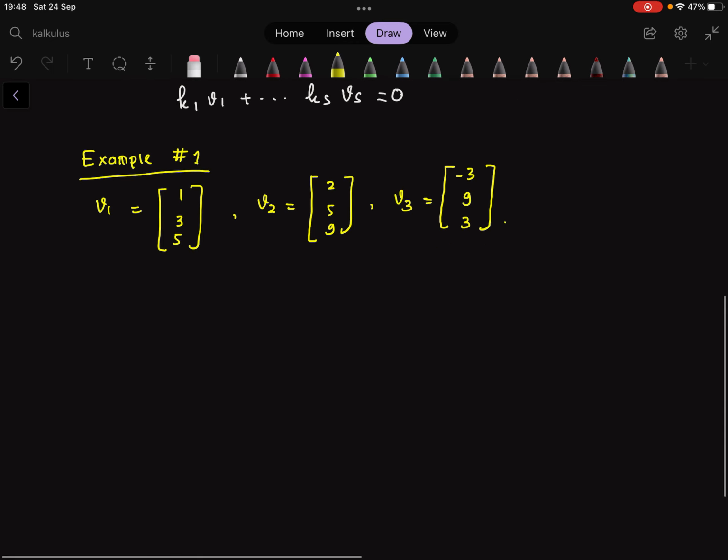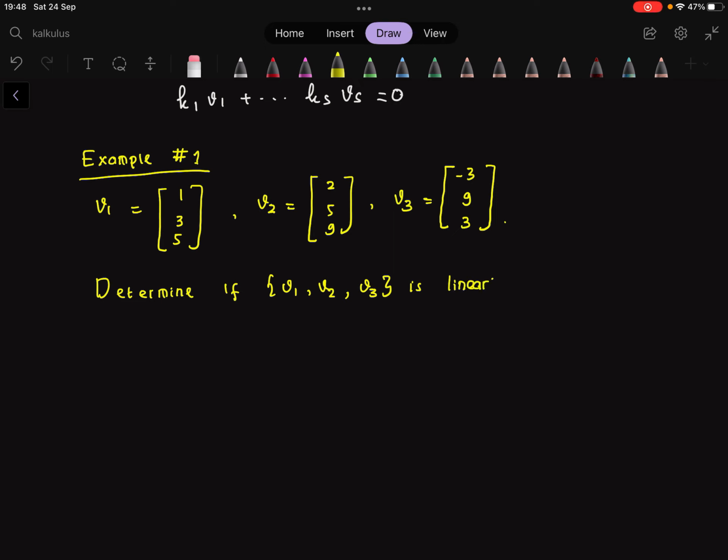So the question here: determine if v1, v2, and v3 are linearly independent.